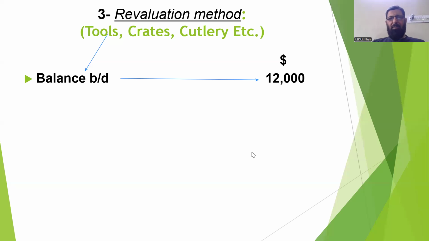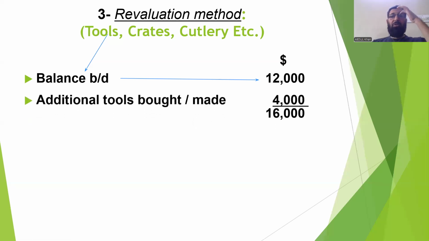Then during the year you bought some additional tools, or you may have made them. Maybe some businesses make their own tools. Whatever the case, suppose the value of those tools is 4,000. So altogether you have 12,000 plus 4,000, 16,000 of tools during the year.